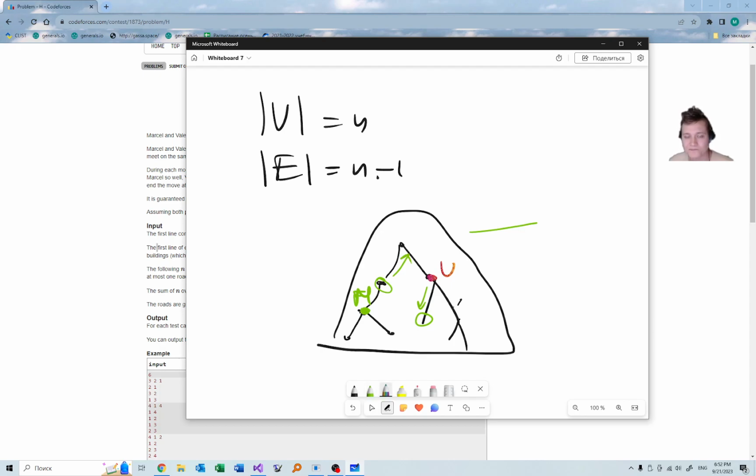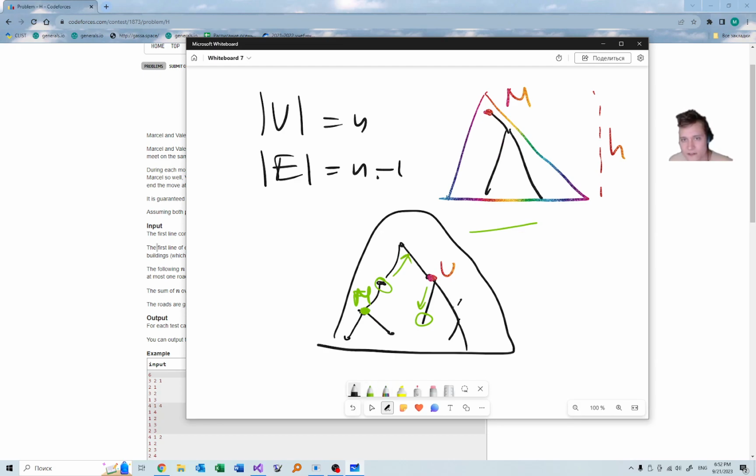So actually, in case of the tree, the answer is always no. Valery cannot escape Marcel. Assume that Marcel is a root of a tree of height h. Then he can choose the subtree where Valery is and go there.